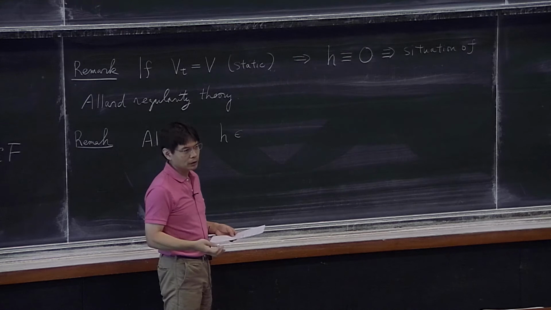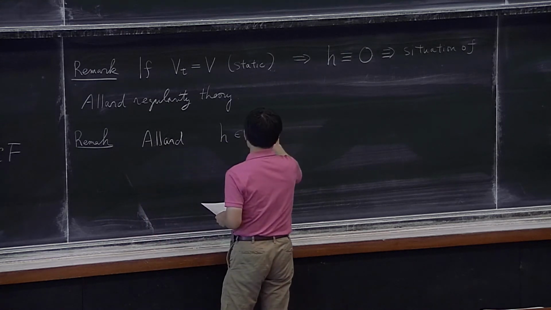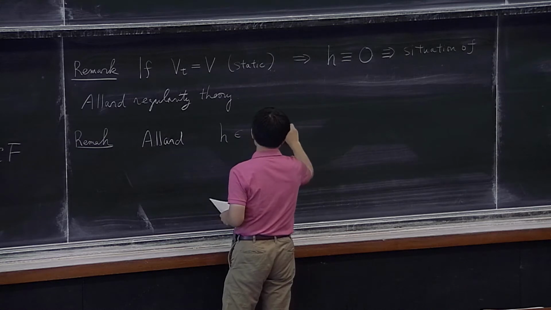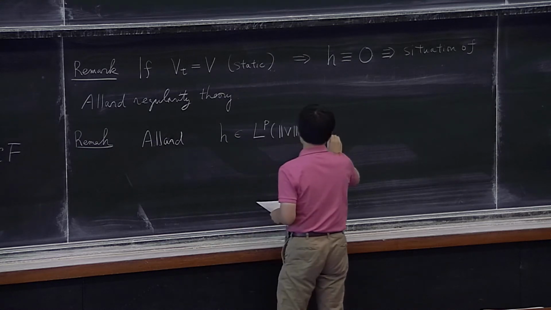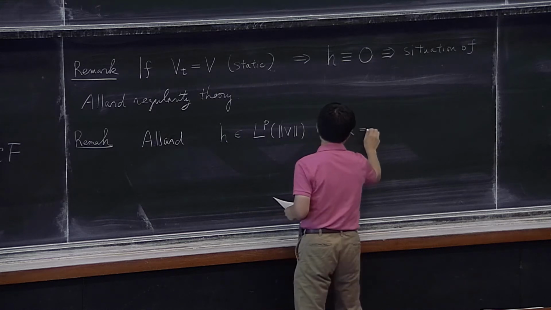As long as the mean curvature is in L^p with respect to the surface or mass measure, where p is strictly bigger than k, which is the dimension of the varifold.